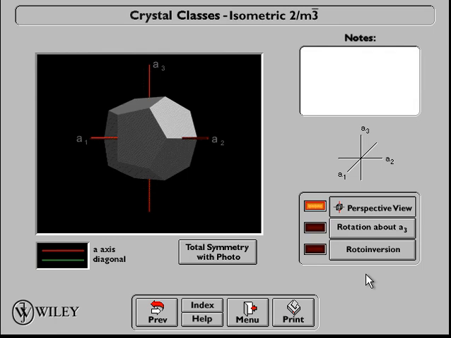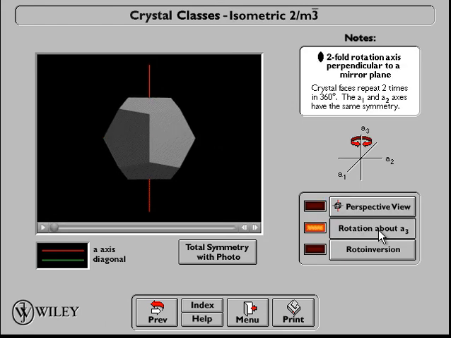So we are making now a rotation about A3. Here we have a twofold rotation axis perpendicular to a mirror plane. That is 2/m, and here is the perpendicular mirror plane and the twofold rotation axis. We can turn it 2 times within 360 degrees.